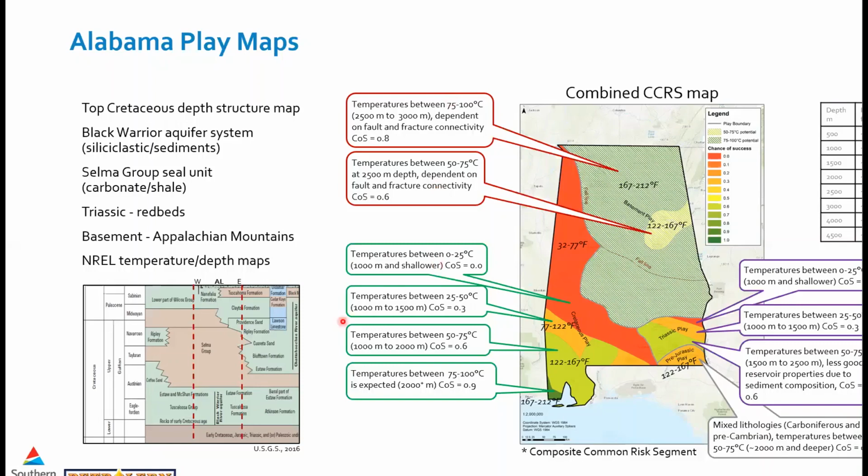Again, I will start stratigraphically from the top. We are still within the Black Warrior River aquifer system here with the Selma group carbonate and shale units as a cap rock. And we can see we are again dipping towards the Gulf of Mexico, getting into warmer and warmer intervals, and also more and more green, nice colors with respect to the temperatures, or the combination of temperatures and the reservoirs.